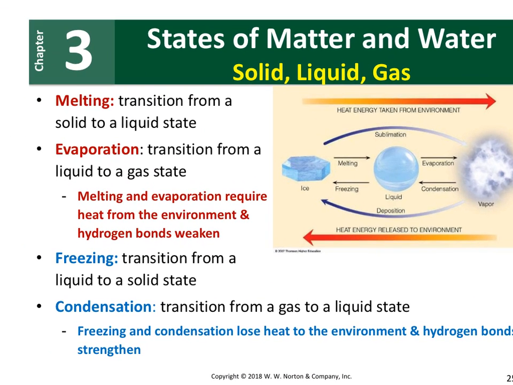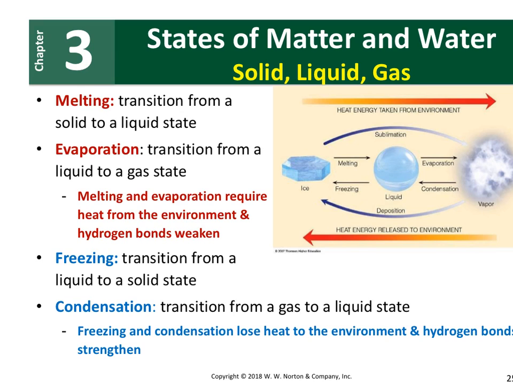Okay. And then a little bit more about water. Three phases. Well, all matter is in basically three phases. Not entirely true, but good enough. Solid, liquid, gas. So we've got ice, liquid water, and vapor.